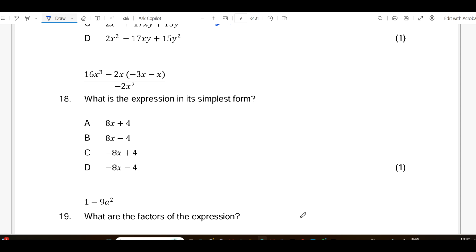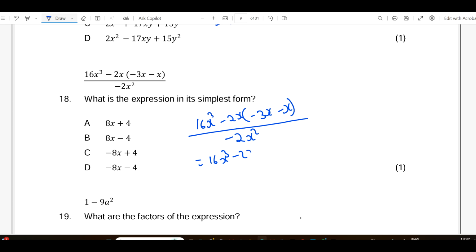What is the expression in its simplest form? Let's calculate (16x^3 minus 2x)(minus 3x minus x) divided by negative 2x squared. Start by working out what is in the numerator, 16x^3 minus 2x.